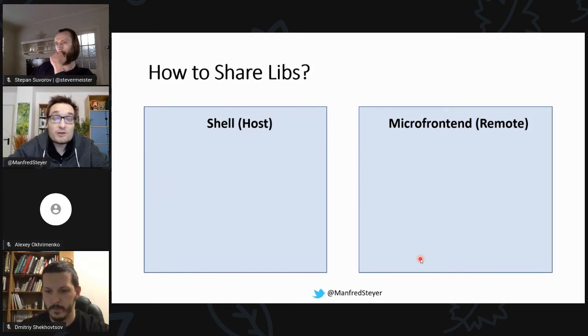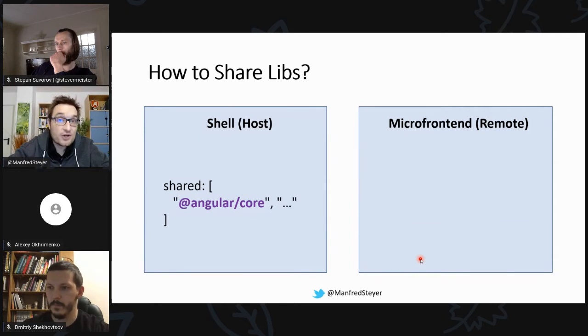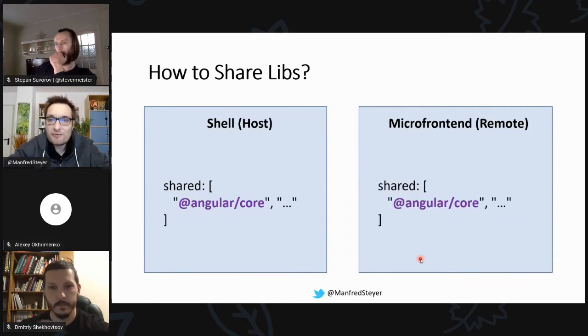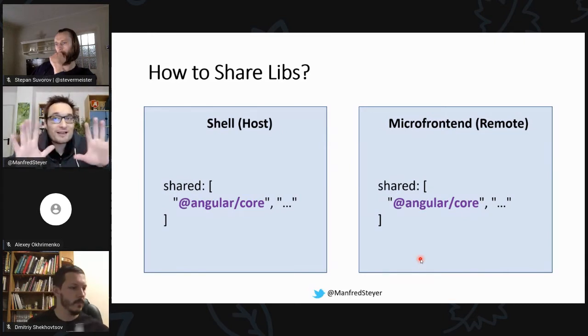Of course, we also need to share libraries. Let's assume we are going with Angular. In this case, we have Angular core and all the other Angular libraries in the shell, but we also have it within the micro frontend. And obviously, we don't want to load it twice. Or let's say we have 10 micro frontends. In this case, we don't want to load it 10 times.